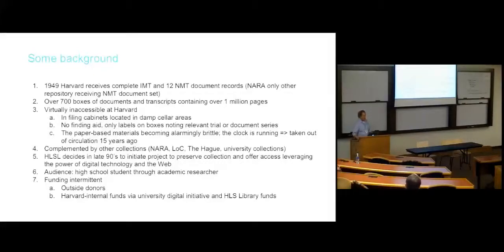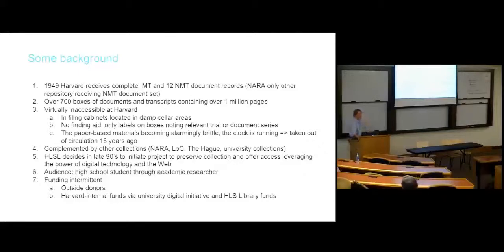And they existed in filing cabinets distributed throughout various basements in the law school library system. There was basically no way for a researcher, even though they were open at that point to the public, to be able to find materials that they would be interested in, because there was no index, there was no finding aid.